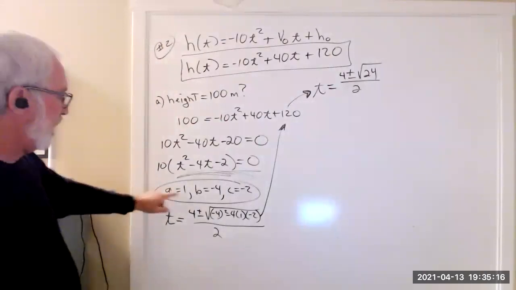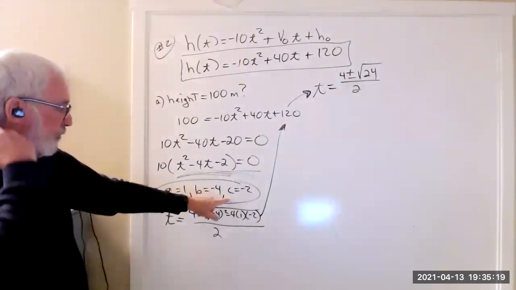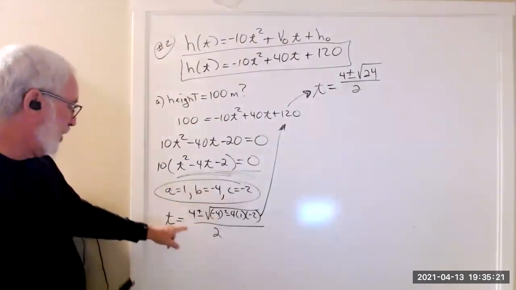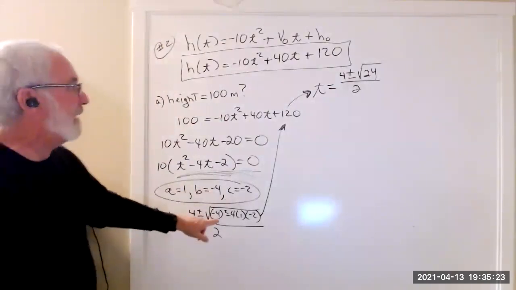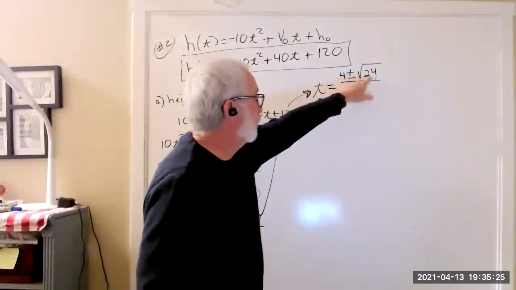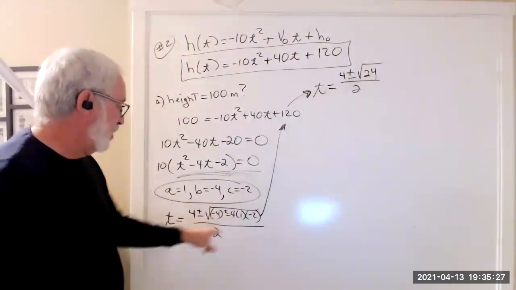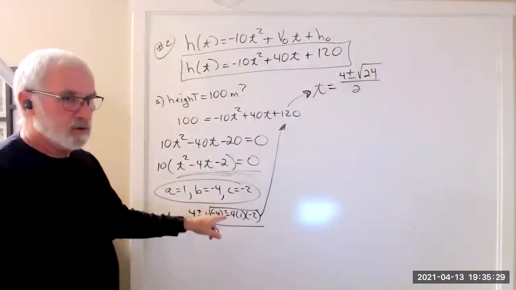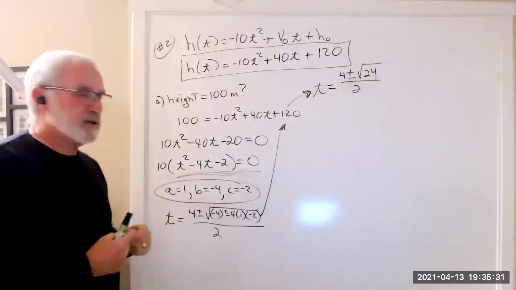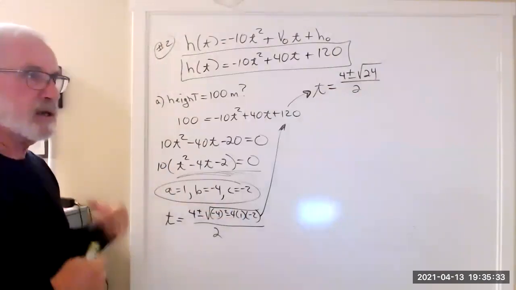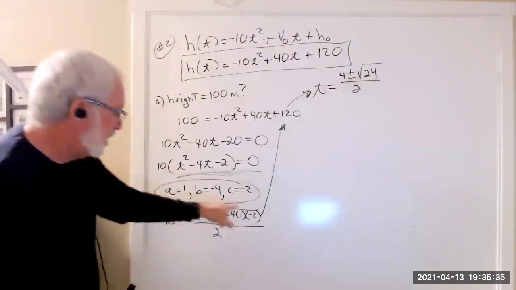I identified my A, B, and C values for the quad formula. I plugged everybody in, and eventually I got 24 inside the radical.